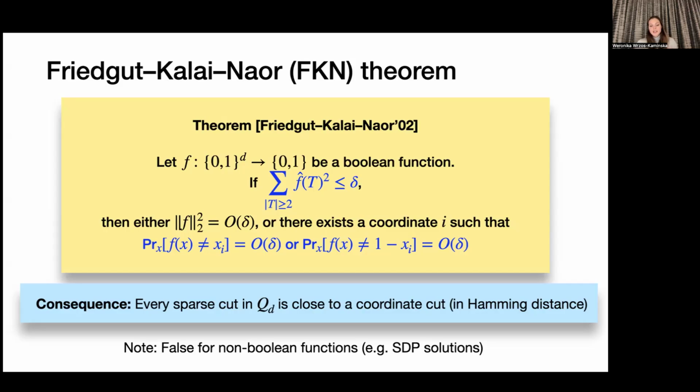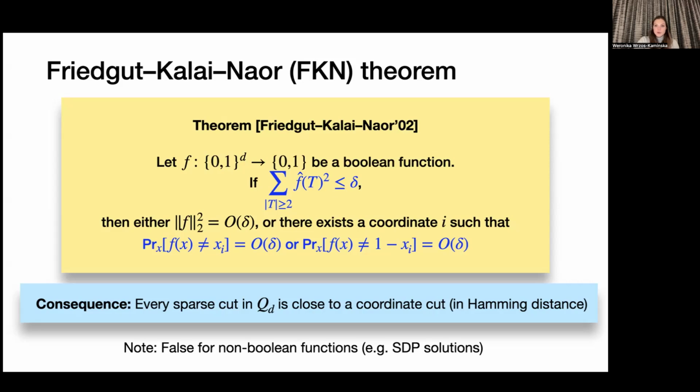This is because I could take any convex combination of coordinate cuts, and this would give me a function that places all of its mass on the bottom two levels, but this function is not close to any coordinate cut. But luckily, we are not considering SDP solutions. What our algorithm will do is enumerate over all possible cuts, which are Boolean functions, and so the theorem applies.